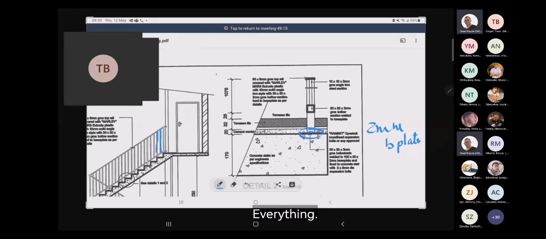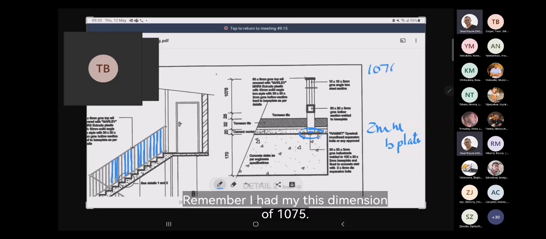With everything that does not reflect as going through to the bottom of my staircase. Okay? So what are the lengths of those? Remember I had this dimension of 1075.